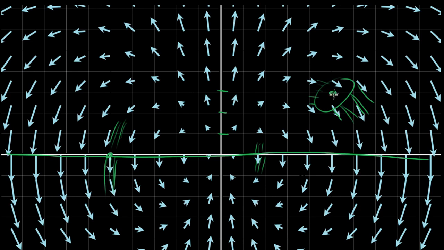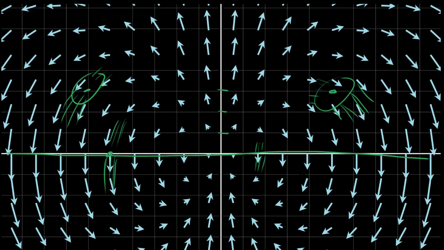So on the whole, in a region around this point, the fluid is going away. Anywhere where y is positive, the same is true: fluid does flow into it, but the vectors going out of this region are larger. So you'd expect, on the whole, for things to diverge away from that point.